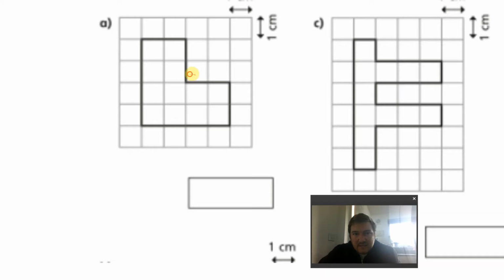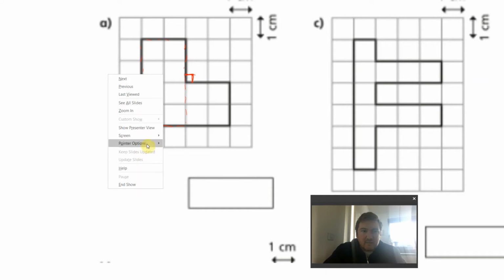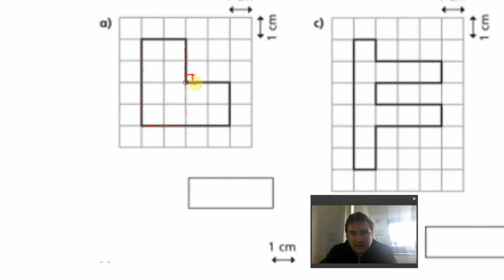So for instance, this in here is a 90-degree angle, and we can tell here that this shape in A is made up of two shapes, a rectangle, so our rectangle is here, and then, I'm just going to change the color of my pen so it's nice and simple to see, let's go with blue, we also have a square here as well.